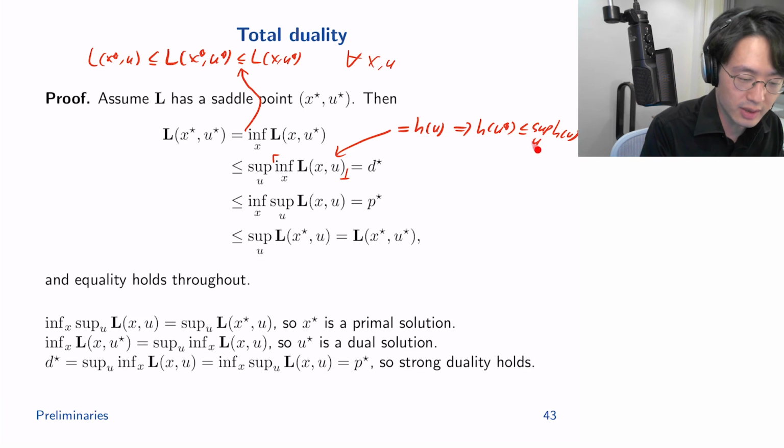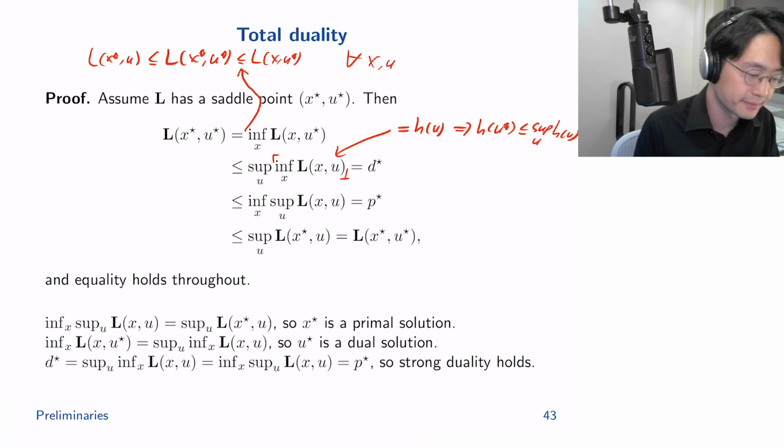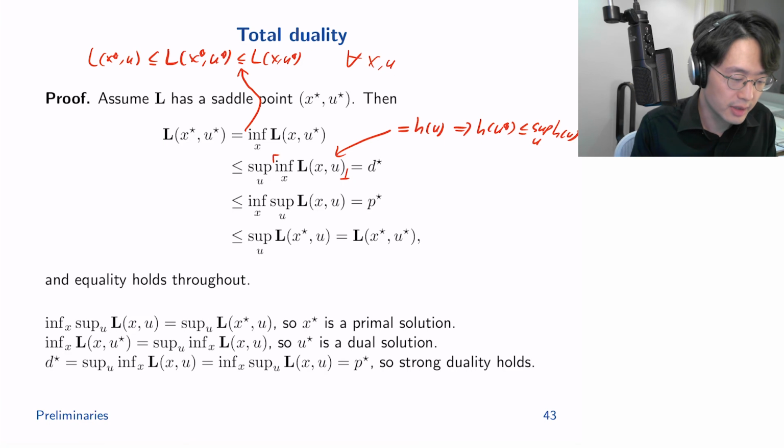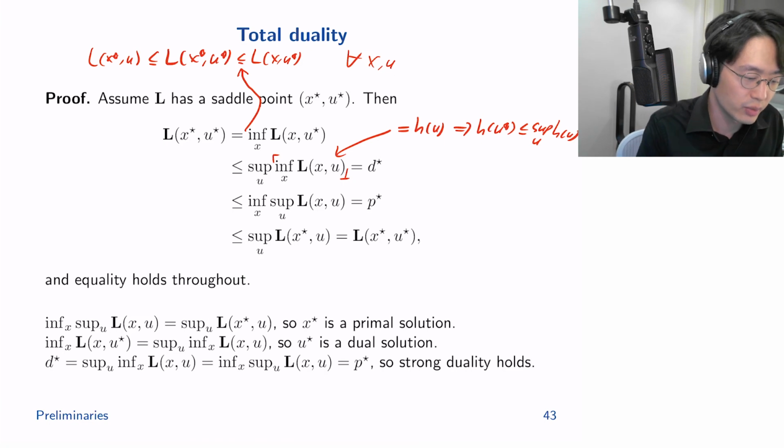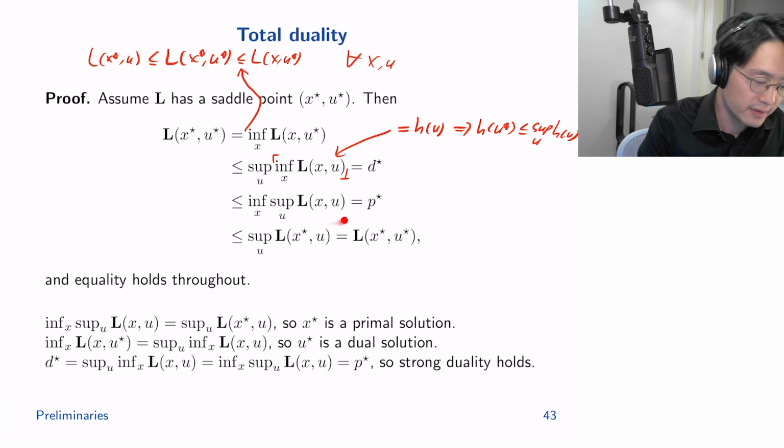If we take the supremum of h over all possible inputs u, that has to be bigger than or equal to just plugging in u star. In the previous discussion of weak duality, we discussed why sup inf is equal to D star, and how sup inf is less than or equal to inf sup, which is equal to P star.